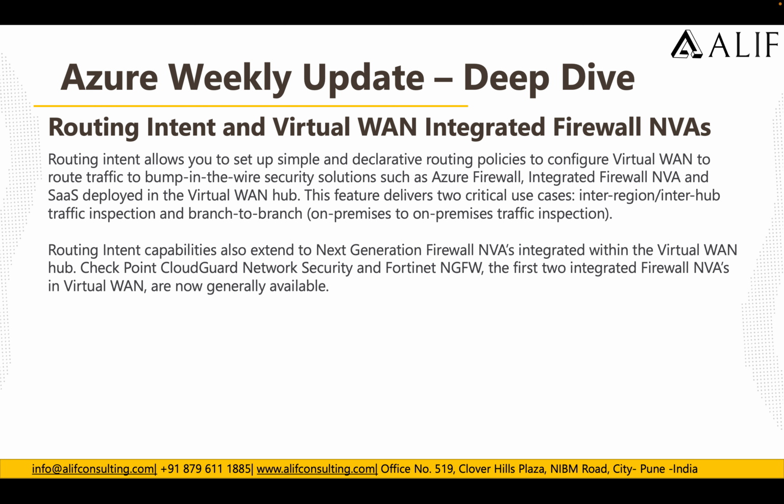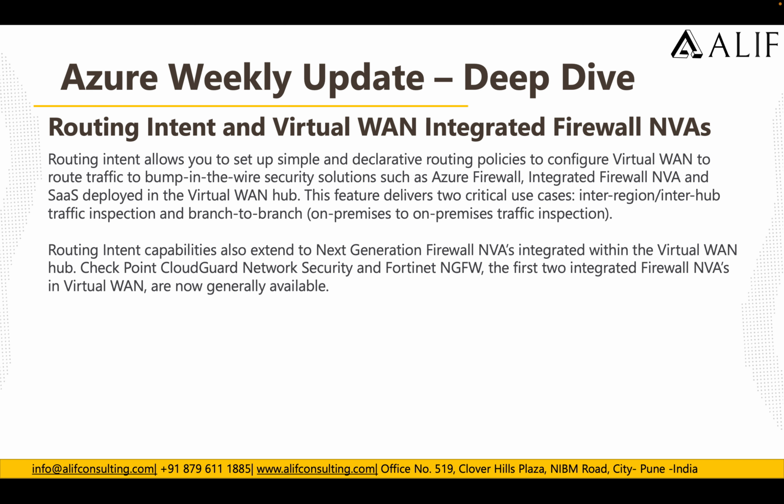The next update which we have is for firewall NVAs. Now we have routing intent and virtual WAN integrations with network virtual appliance firewalls. Routing intent allows us to set up multiple declarative routing policies to configure the virtual WAN to route traffic to bump-in-the-wire security solutions such as Azure Firewall, integrated firewall NVAs, and SaaS deployed into the virtual WAN hub.